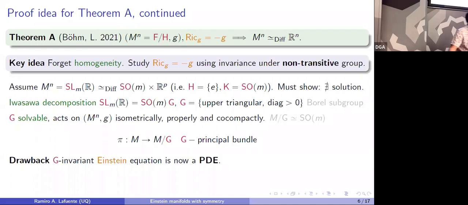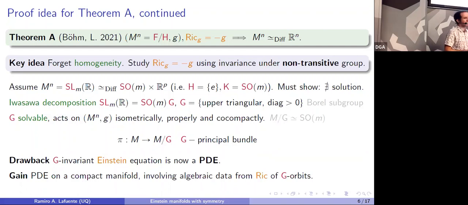So the drawback is, of course, that now we are back to a PDE, right? It was an algebraic equation, now it's a PDE with some algebra, but you gain something because the PDE actually happens on a compact manifold. Because if you notice, the quotient by the Borel is going to be diffeomorphic to SO(n). And this is completely general by the Iwasawa decomposition, right?